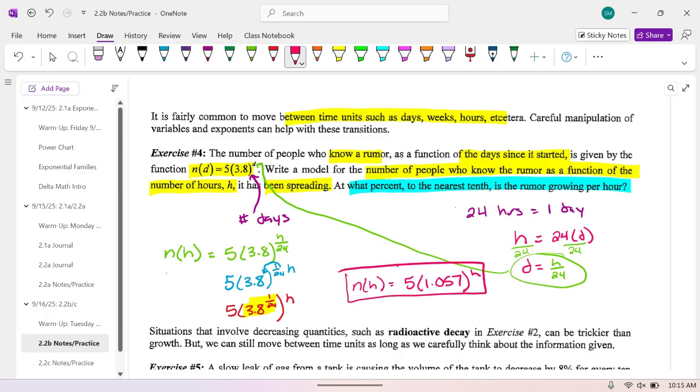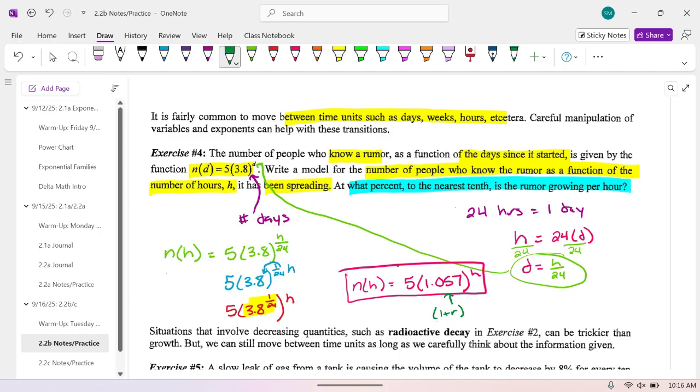Now, based off of our growth factor, what is our growth rate? So 1.057 is our growth factor, and now I need my growth rate. Remember, this is the same thing as 1 plus r. So all I've got to do to get my rate is subtract 1.